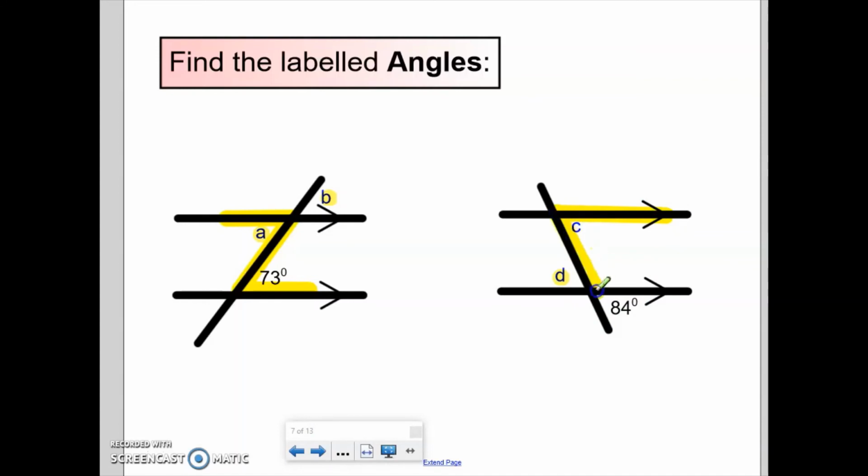And then we've got alternate angles again. So C is also 84 because D and C are alternate angles. I could also have used corresponding angles. 84 and C are corresponding, so C would have to be 84 degrees.